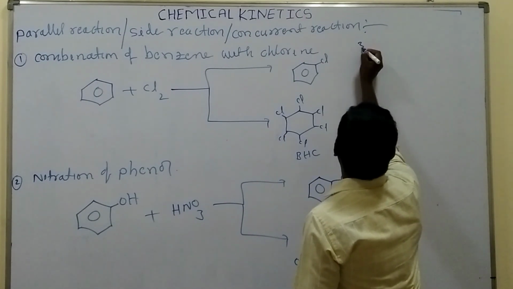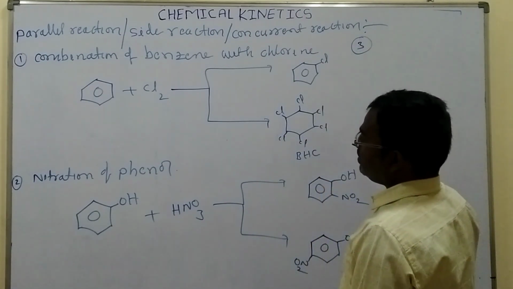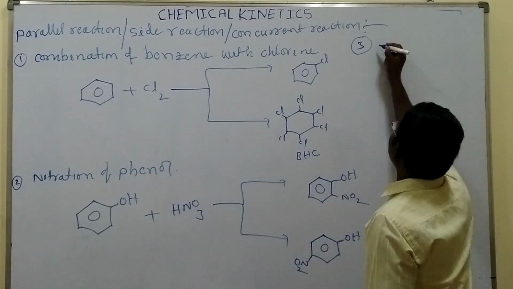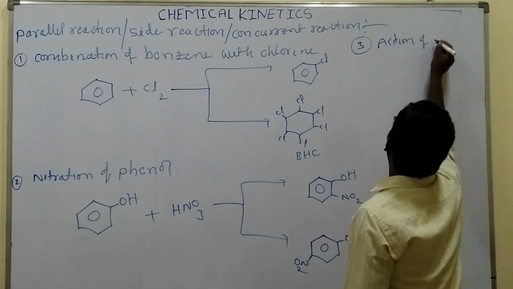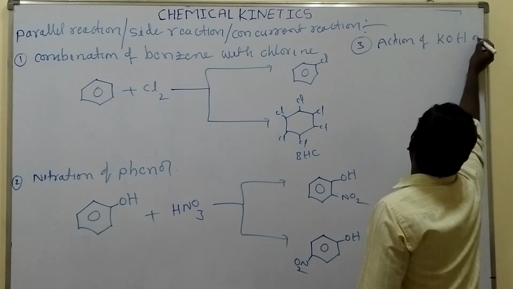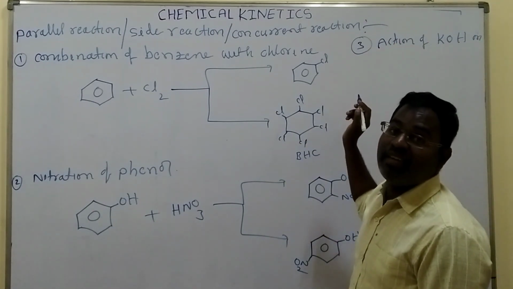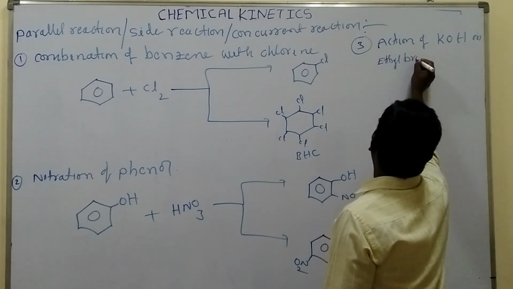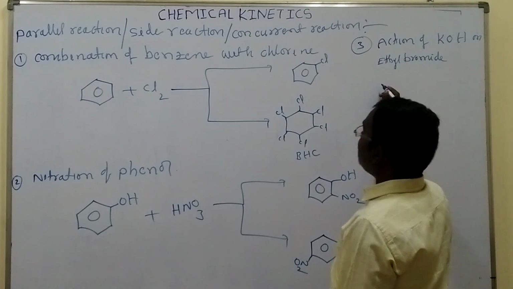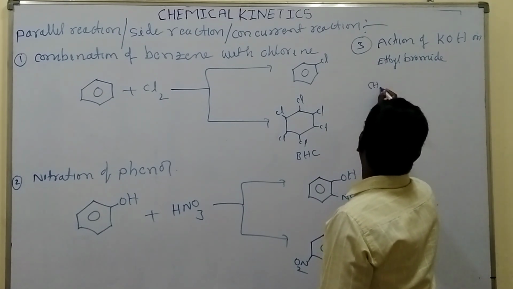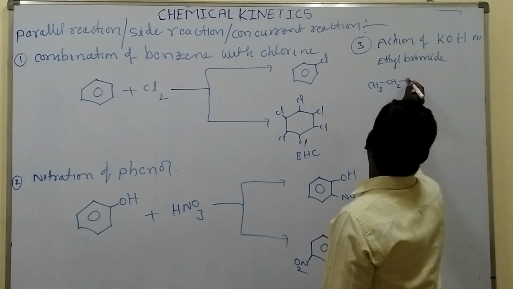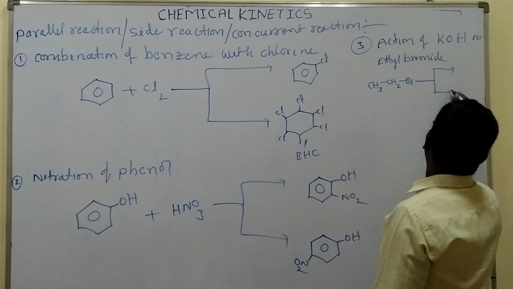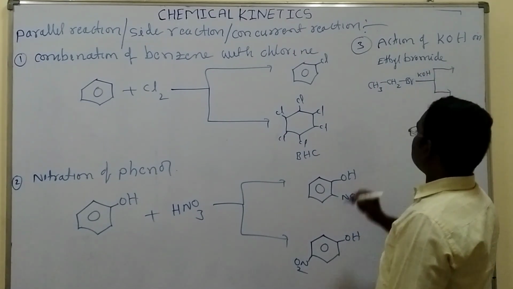The third case is the action of KOH on alkyl halides. For instance, take ethyl bromide, CH3CH2Br, reacting with KOH.